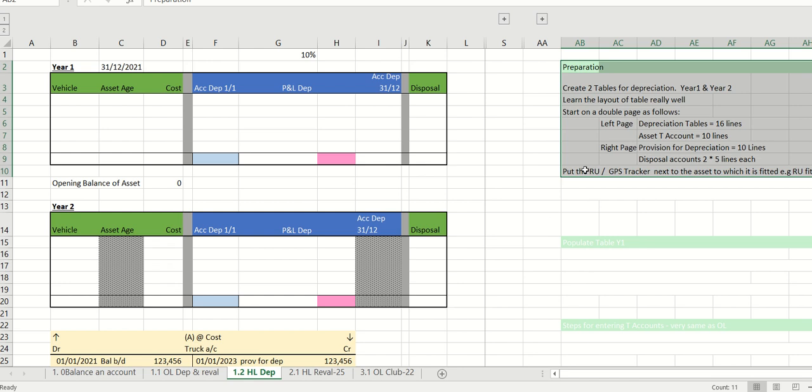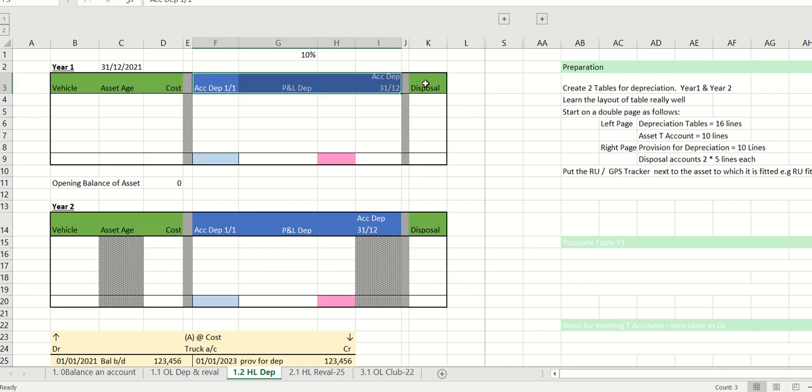But calculations are trickier in depreciation, so we really got to watch the calculations and take care with them. You're going to create 2 tables, one for our first year, 2022, and one for our second year, 2023. Please learn the layouts of the tables really well. So we're going to put the vehicles here, the age of them, the cost of them. We've got a section for the depreciation and a column for the pieces that were disposed of. So learn your layouts really, really well.